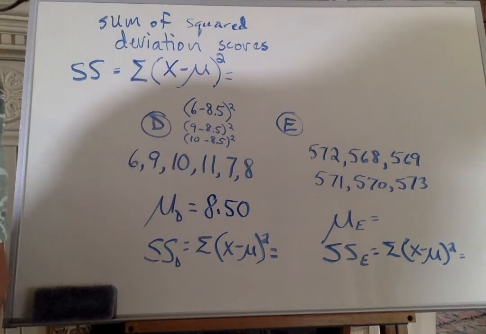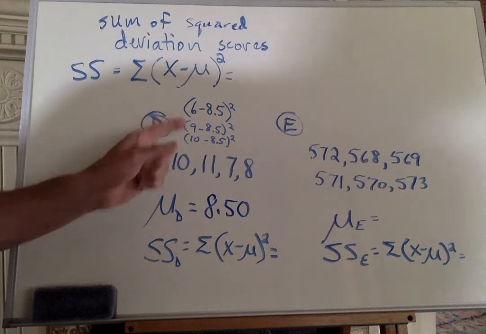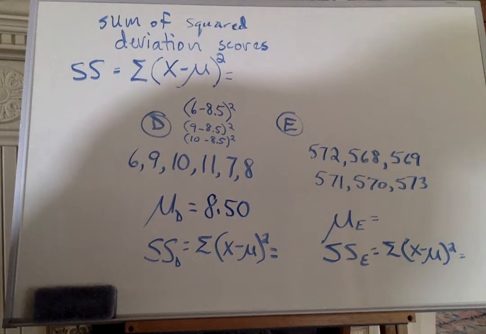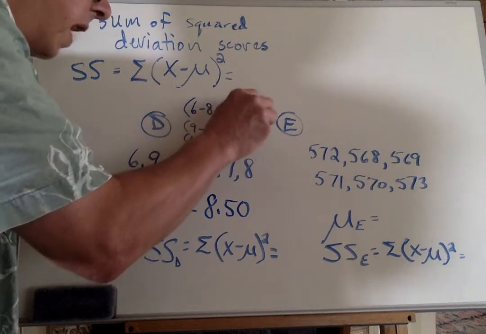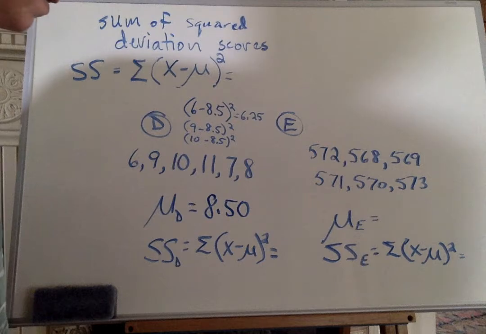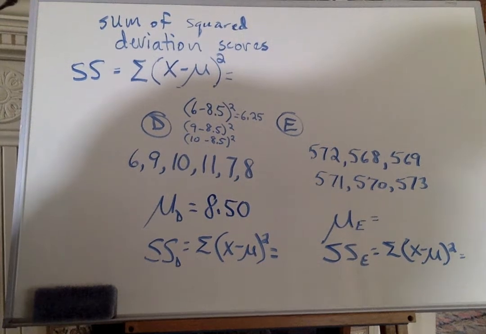So this 6 minus 8.5 is equal to 2.5. We're going to square that. So this is 6.25. Okay. 9 minus 8.5 is 0.5.